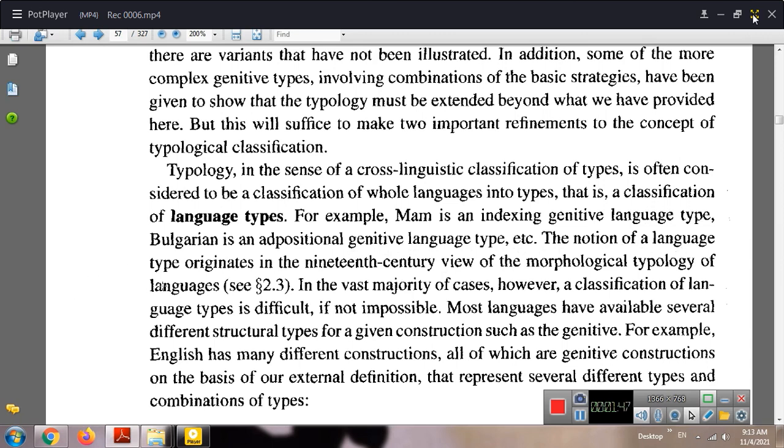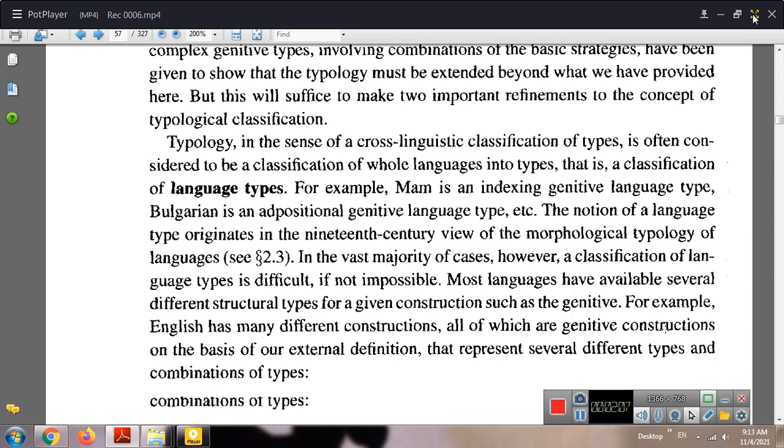The notion of a language type originates in the 19th century view of the morphological typology of languages. In the vast majority of cases, however, a classification of language types is difficult, if not impossible. Most languages have available several different structural types for a given construction, such as the genitive.